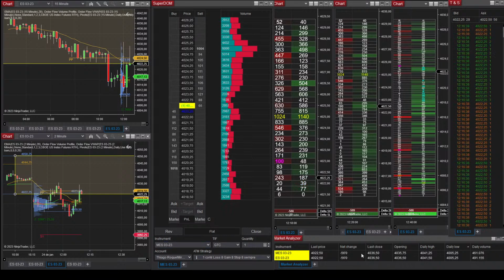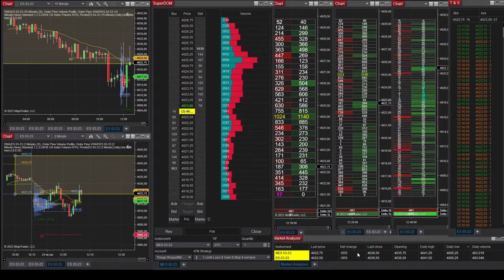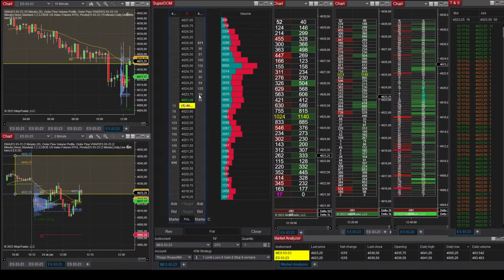I don't like very fast, quick movements, because when things happen so quickly in one direction, it can also happen in the other direction. So I personally don't like that. But let's see if it's going to overcome the 25, 26 here.